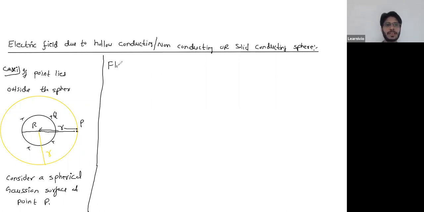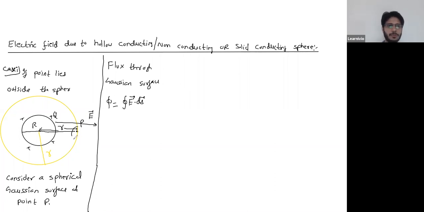First of all, let's calculate flux through the Gaussian surface. The expression of flux will be the closed integral of E dot ds. Q is a positive charge. The direction of field is away from the charge.